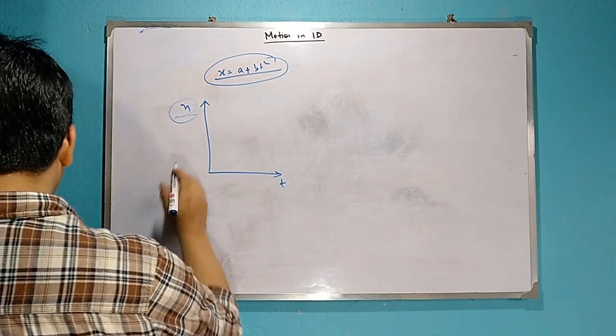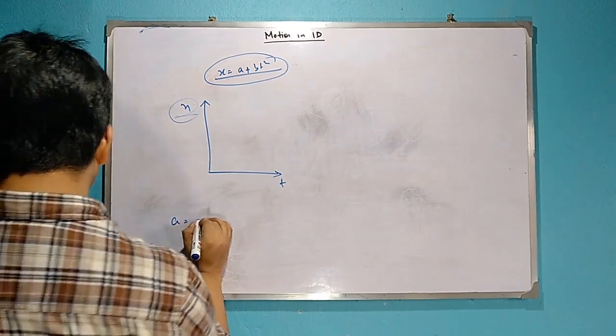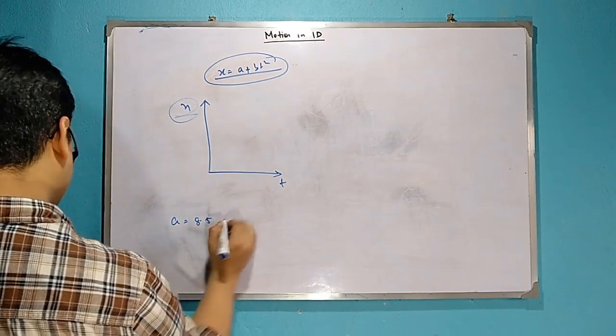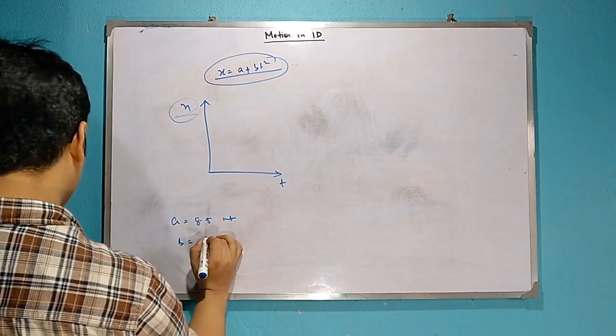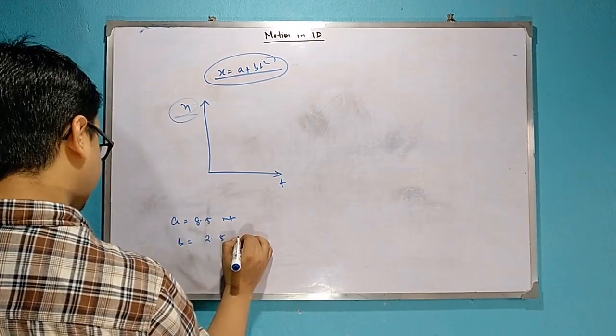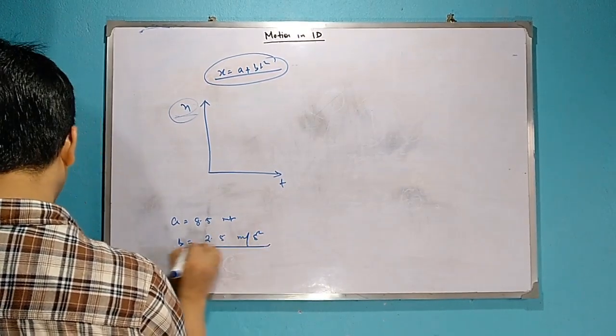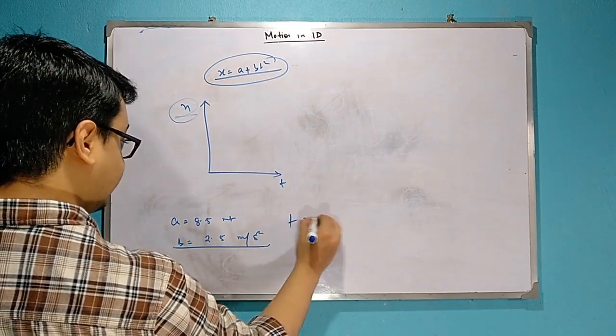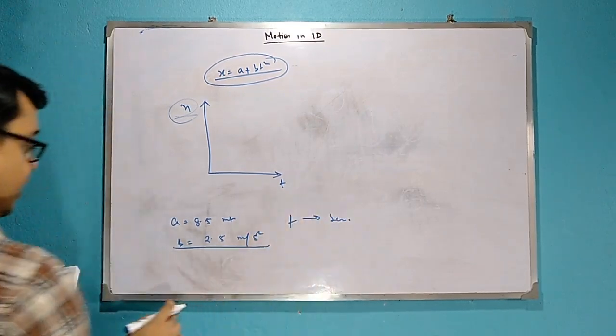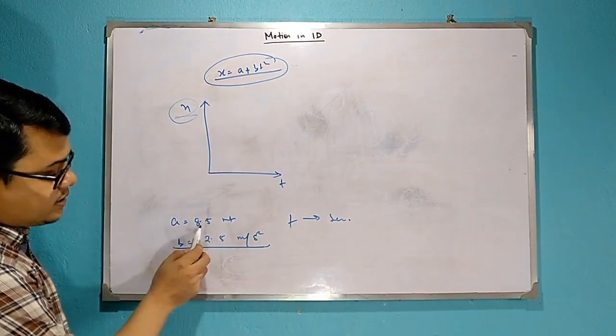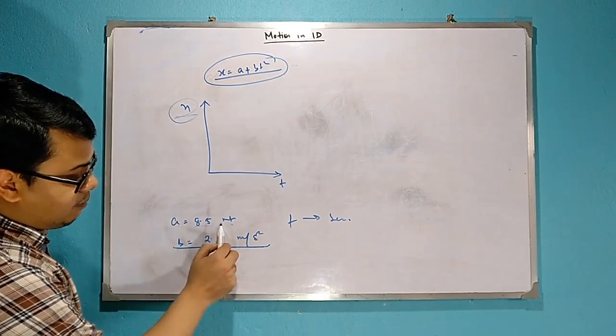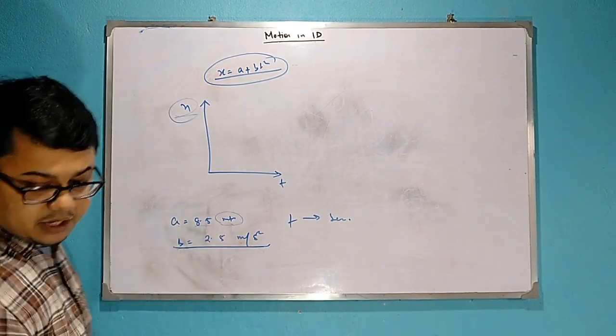Now a is given as 8.5 meter and b is 2.5 meter per second square, and t is in seconds. Remember why a is in meters and why b is in meter per second square.